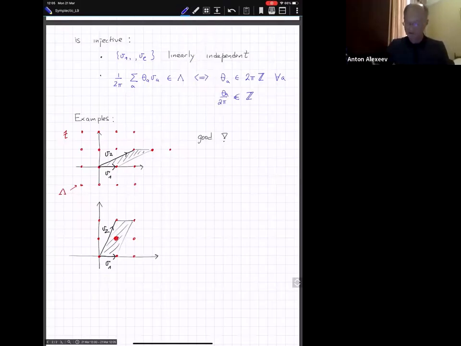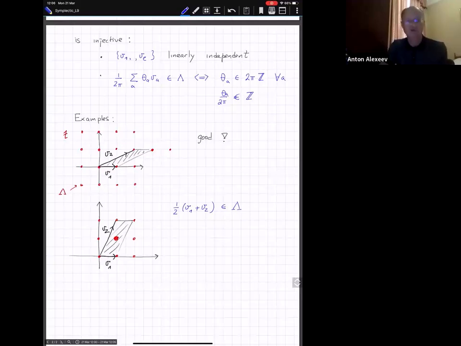And in formulas, this means the following. So, right, this is 1/2 of v1 plus v2, which is in lambda. And so this means that if I choose theta1 equal to theta2 equal to pi, that point is mapped to the group unit, and I don't have injectivity.